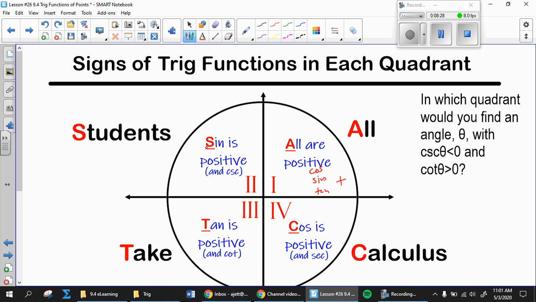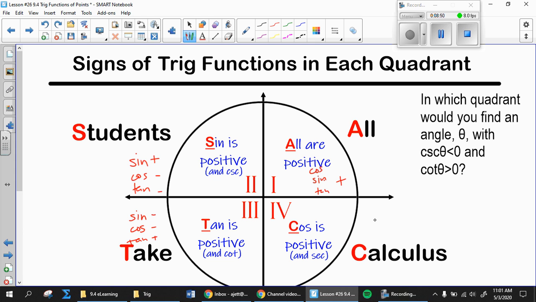Second quadrant, S for students. That tells us sine is positive, but cosine and tangent are negative. Third quadrant, T for tangent, tells us sine and cosine are negative, and tangent is positive.